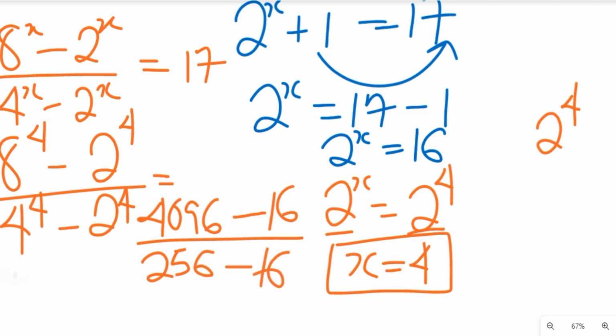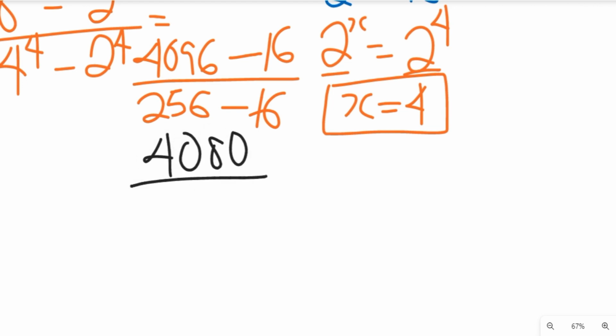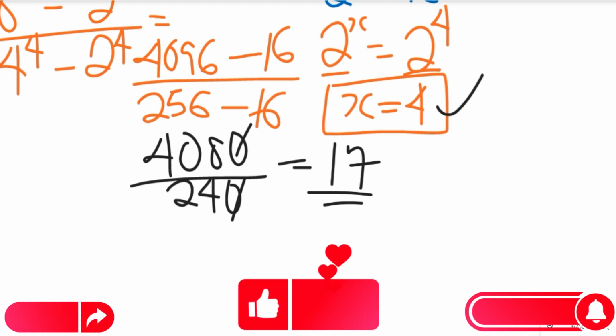When we subtract, that will give us 4080 divided by 240. And when you divide this, we have 17. So that shows us that x equal to 4 is the complete solution to that exponential equation.